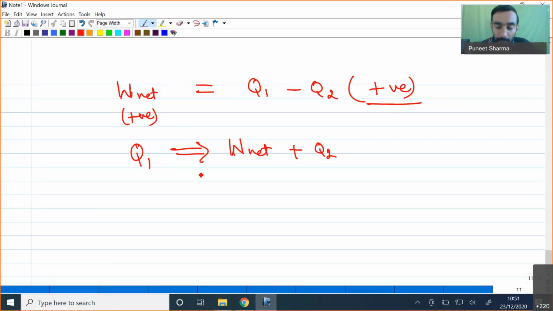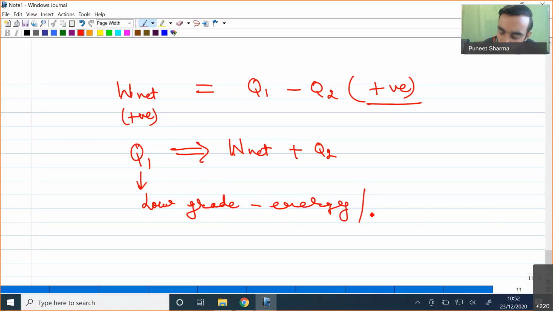If we have to operate a system in a thermodynamic cyclic manner, we cannot convert 100% of heat into an equivalent amount of work. That's why we call heat low grade energy or low quality energy. This is where the quality comes into the picture.